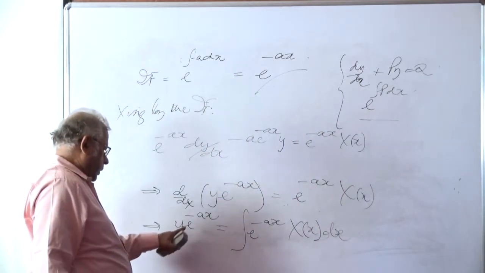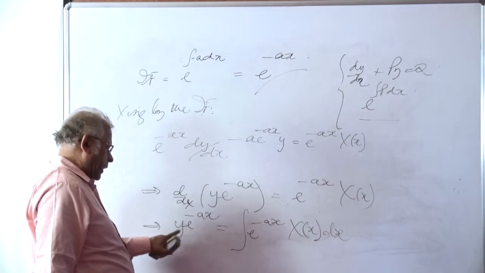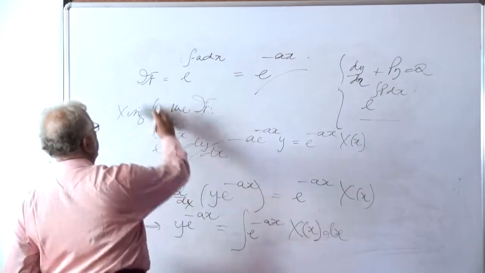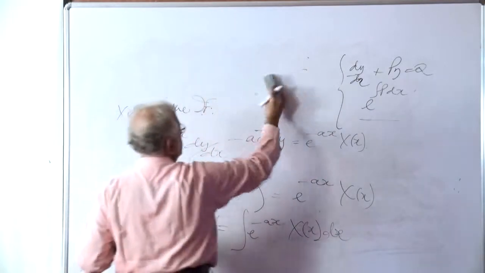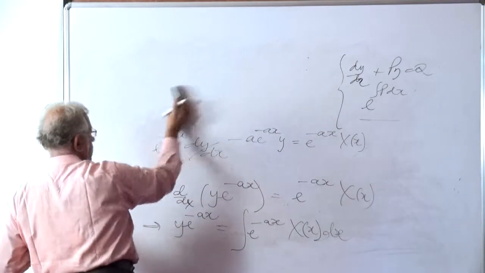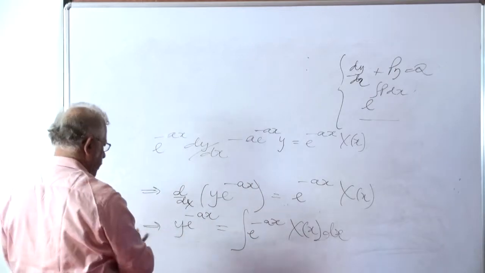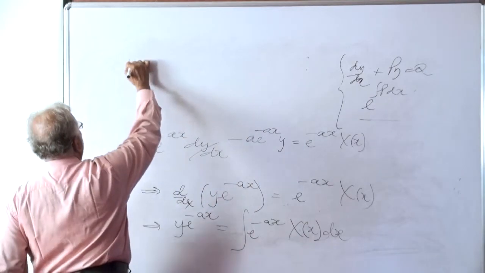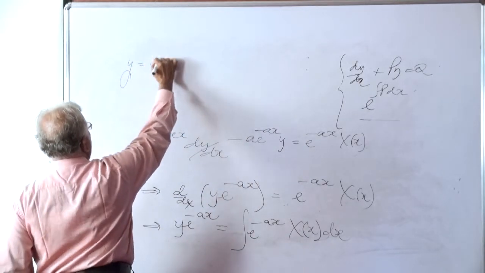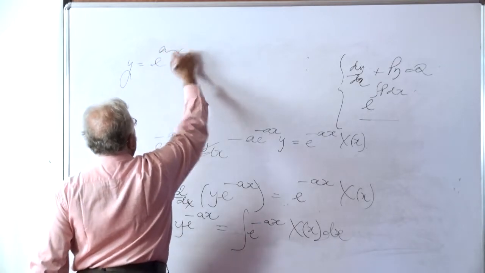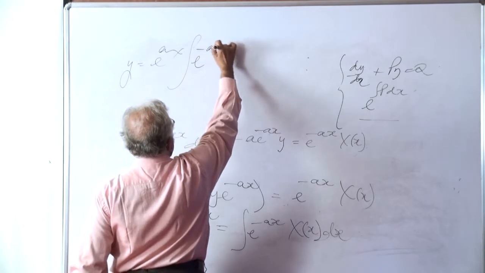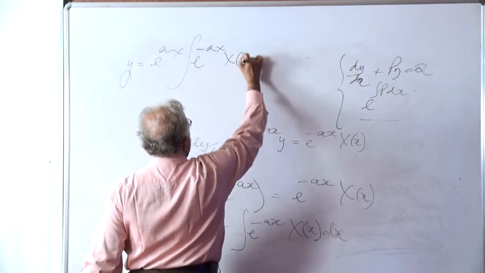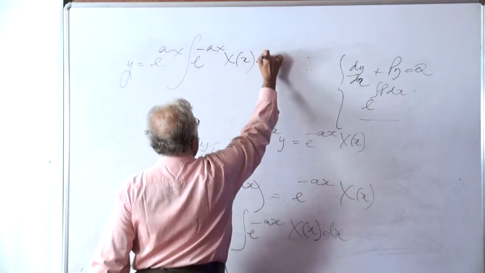So our friend y, which we need in terms of x, as a function of x is e to the power of ax times the integral of e to the power of minus ax into the function that is on the right of the equation.